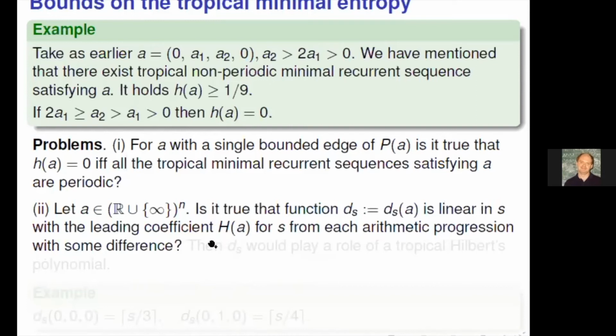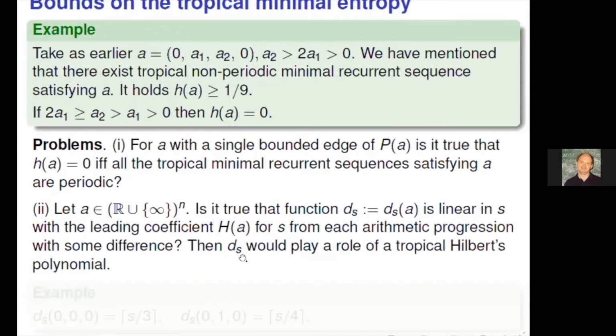And if this function were linear, then the leading coefficient of the linear function would be the entropy. That is for sure. But the question is whether it is indeed linear on each arithmetic progression.